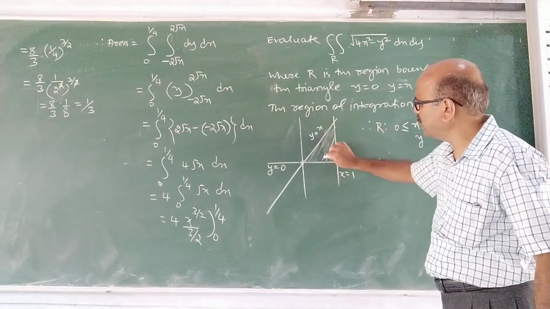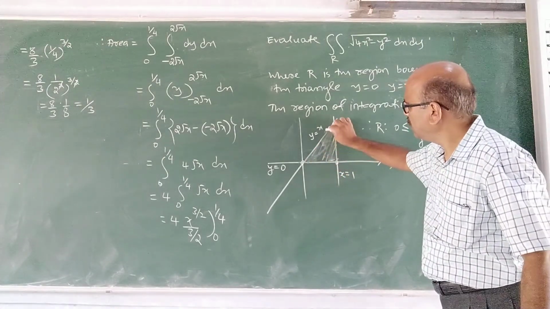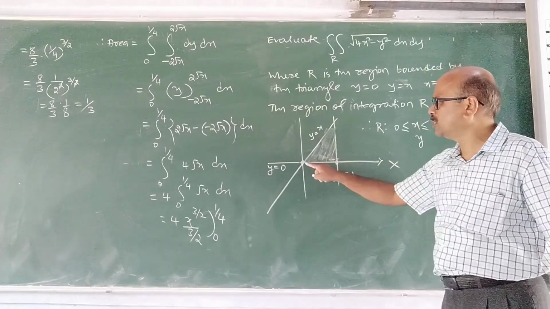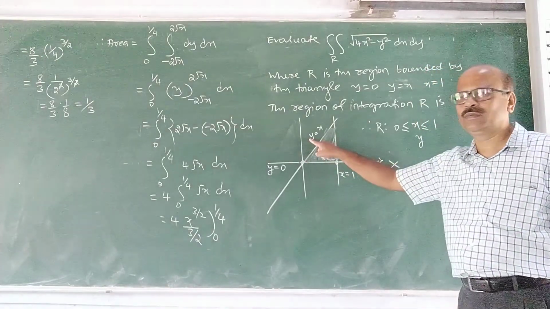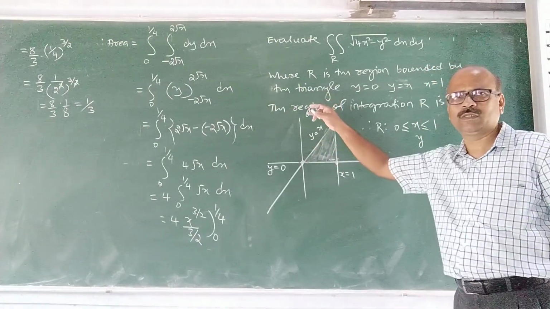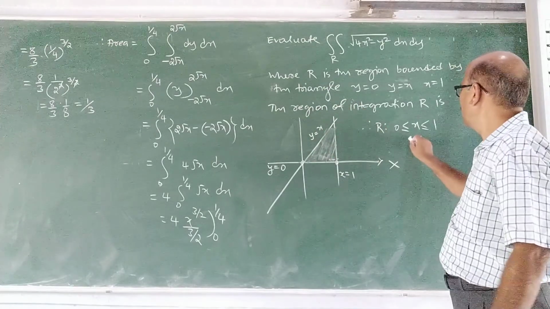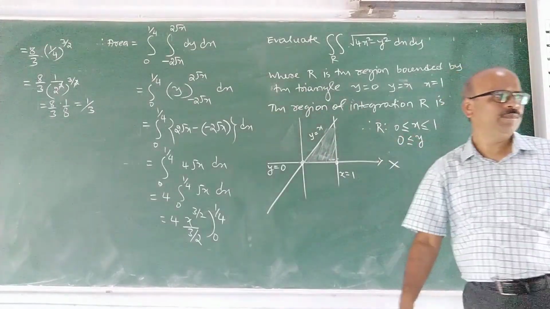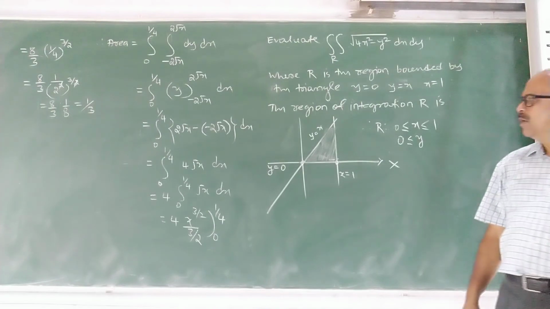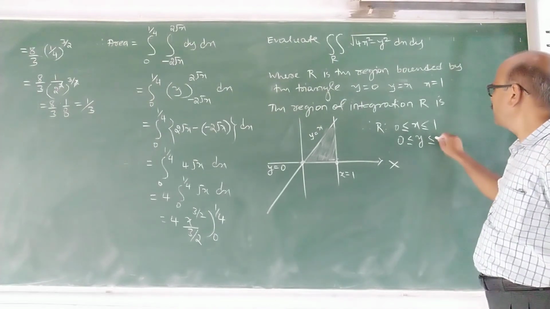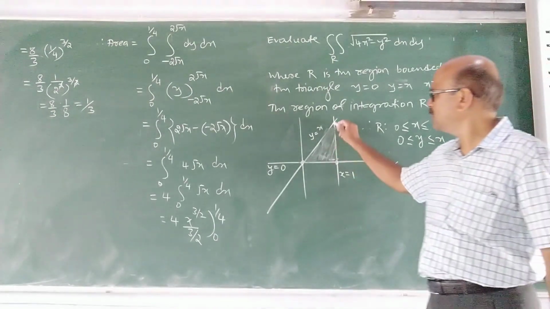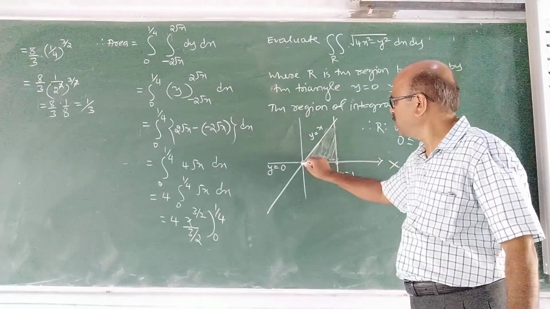What is the value of y? You have to find out. It is not negative because it is the upper half of the x axis. Y is positive, greater than or equal to 0. But less than or equal to x, because what is this boundary?